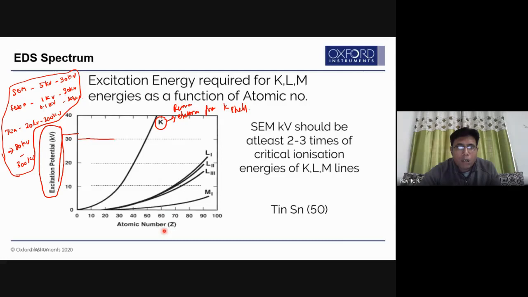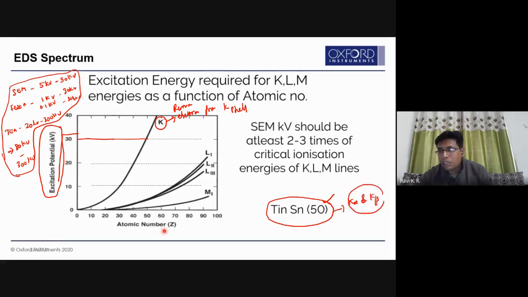You cannot go beyond this value. That means, suppose I have a tin sample, its atomic number is 50. Whether we can get K alpha and K beta for this material in an EDS spectrum or not. Can you say from this particular curve whether it is possible to get K alpha and K beta?